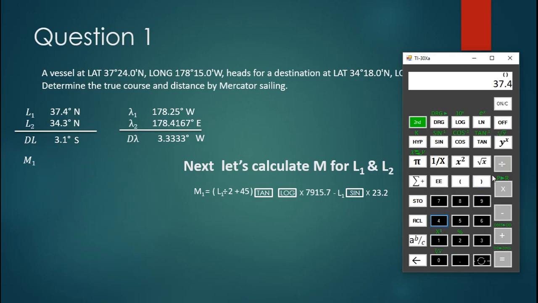37.4 divided by 2 plus 45. Close your parentheses.